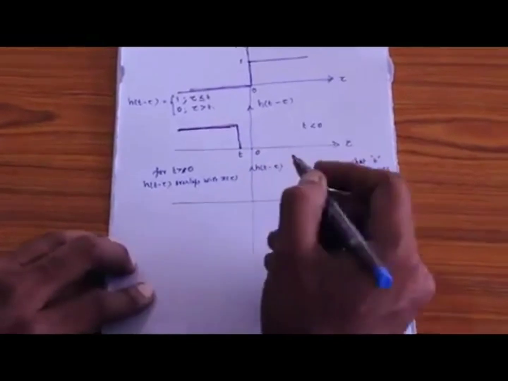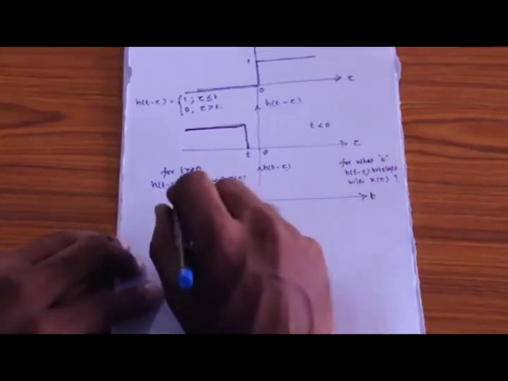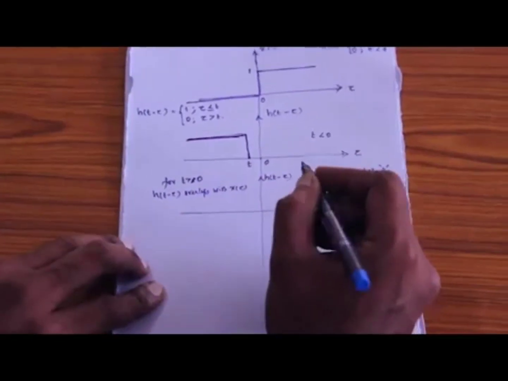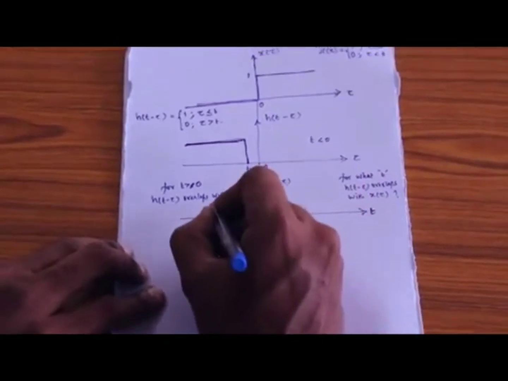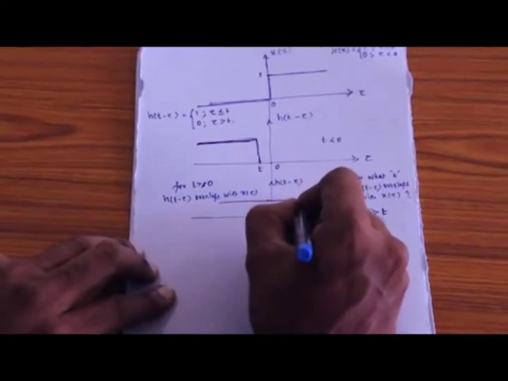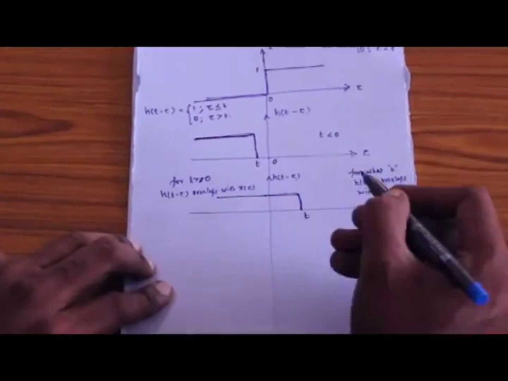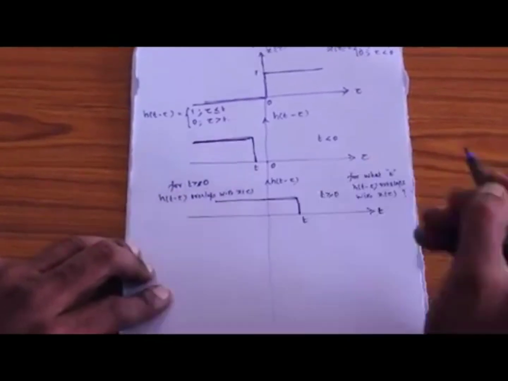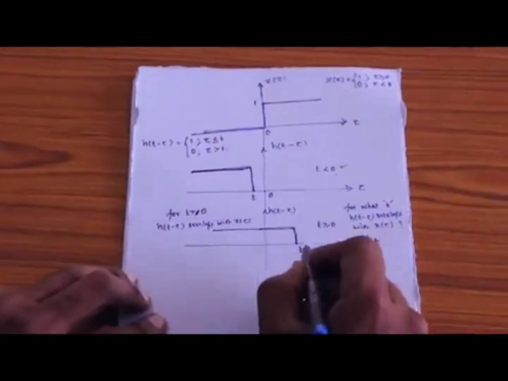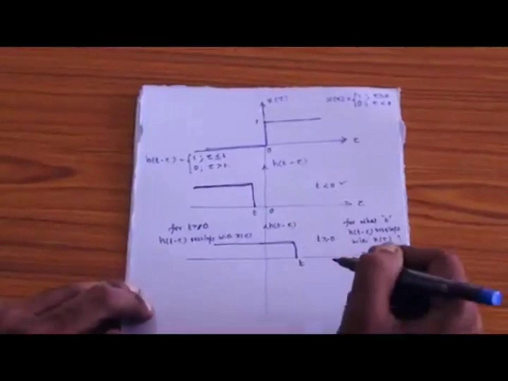When we assume t greater than or equal to 0, my signal h of t minus tau will come from minus infinity and will come up to this t. So here we are assuming t greater than or equal to 0. Initial case t less than 0, so no overlap. Here t is greater than or equal to 0, so it is overlapping with x of tau.